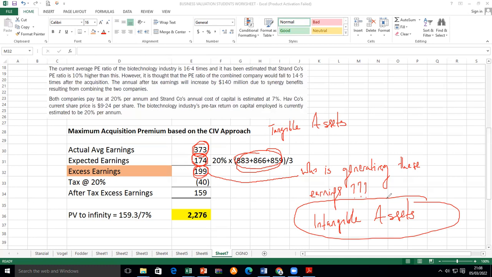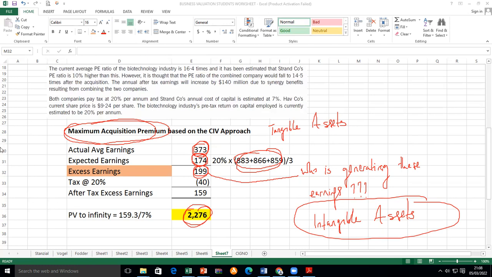Now, on this particular question, they're saying we must base our what? On the value of the intangible assets. So just to help, let's say in the question, we can assume that the tangible assets are made up of non-current assets and current assets.